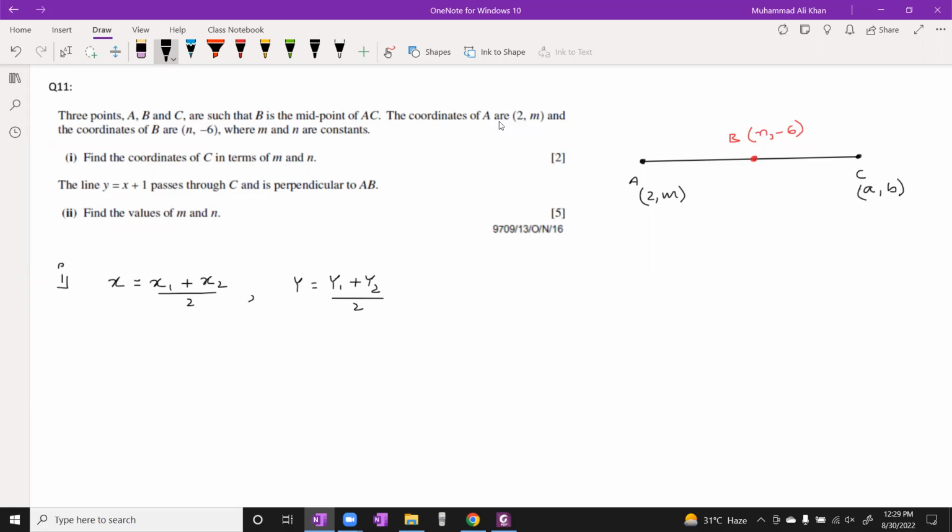What is x? x is n. What is x1? 2. What is x2? a divided by 2.